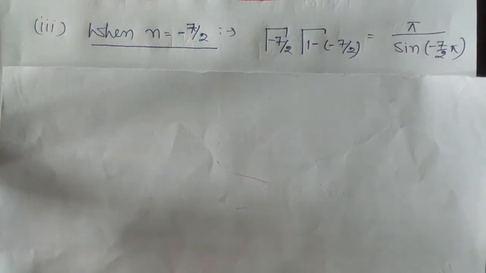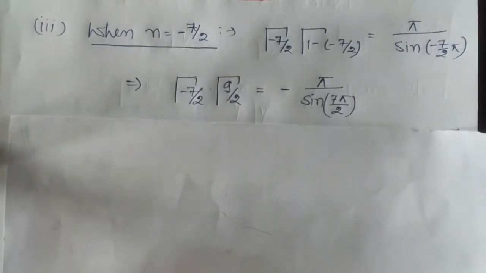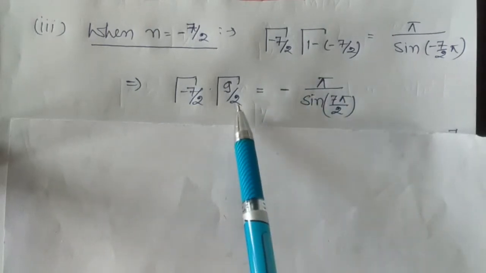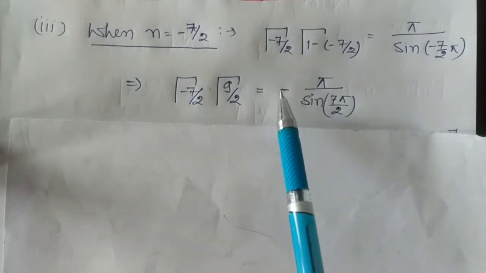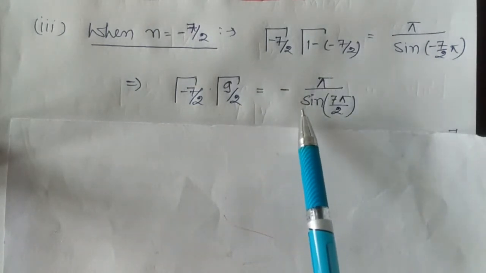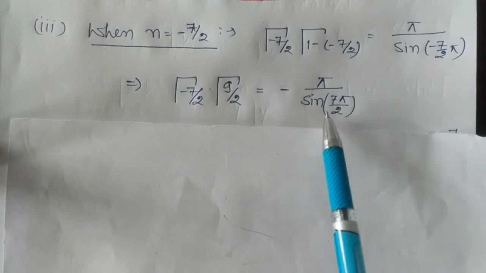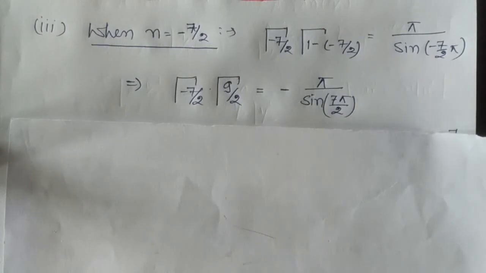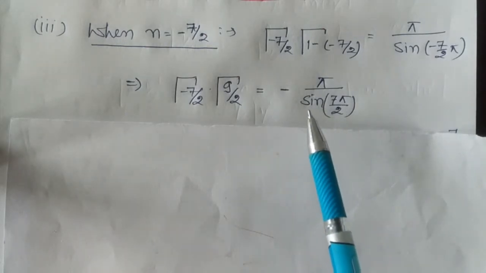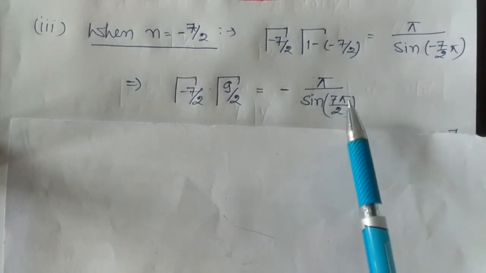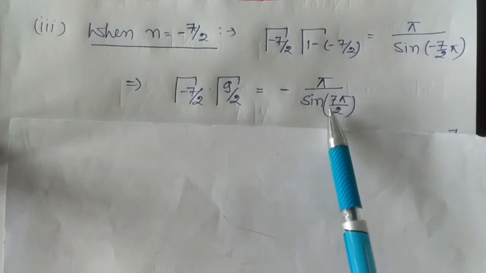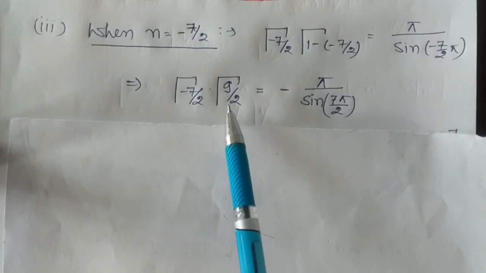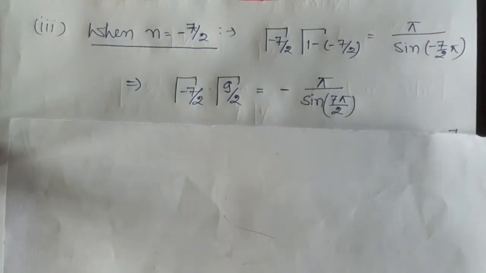Therefore we have gamma minus 7 by 2 into gamma 9 by 2 equal to minus pi upon sine 7 pi by 2. Sine of minus theta is minus sine theta. Now the value of sine 7 pi by 2 is minus 1. So we have positive here, and we transfer gamma 9 by 2 to the right hand side.